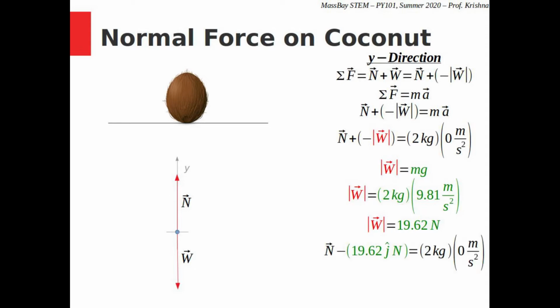Then we take that value of 19.62 newtons and use that in the force balance. We now have normal force minus 19.62 equals 2 times 0. Simplifying both sides, we find the normal force equals 19.62 newtons as well. We have now solved a puzzle where two forces point in opposite directions and one was unknown.